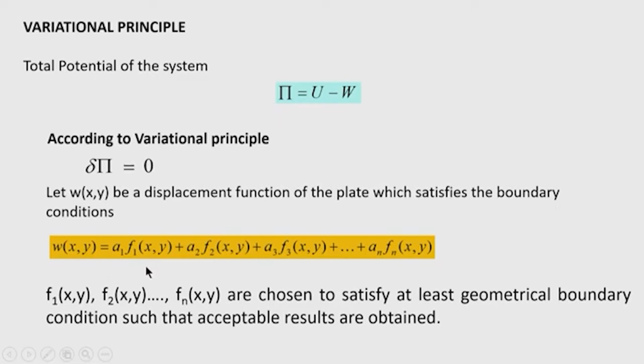But in some cases the eigenfunctions of the beam are very complicated in nature. For a simply supported beam, it is only a sine function, say sin(nπx/L), L is the length of the beam. Now, in case of a plate we take sin(nπx/a), that is one term. Then in the y direction also, if it is simply supported, y equal to 0, y equal to b, then we take sin(nπy/b). So, these two functions actually satisfy completely the simply supported boundary conditions.